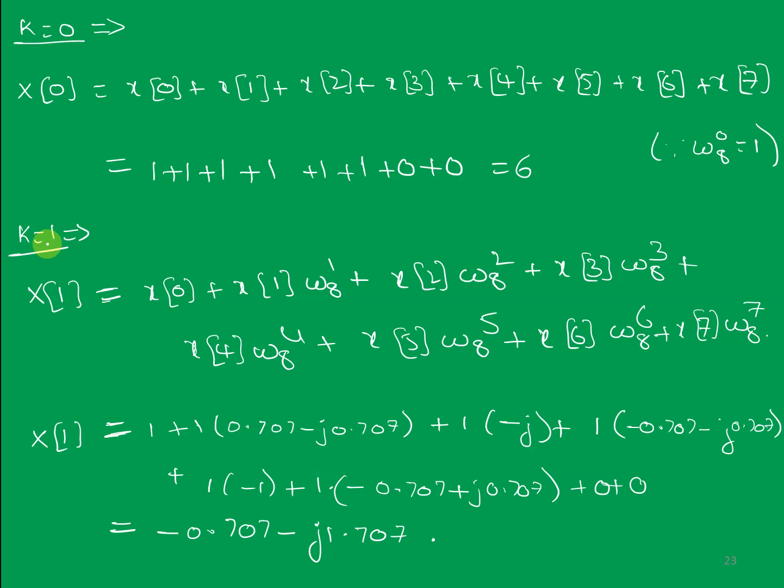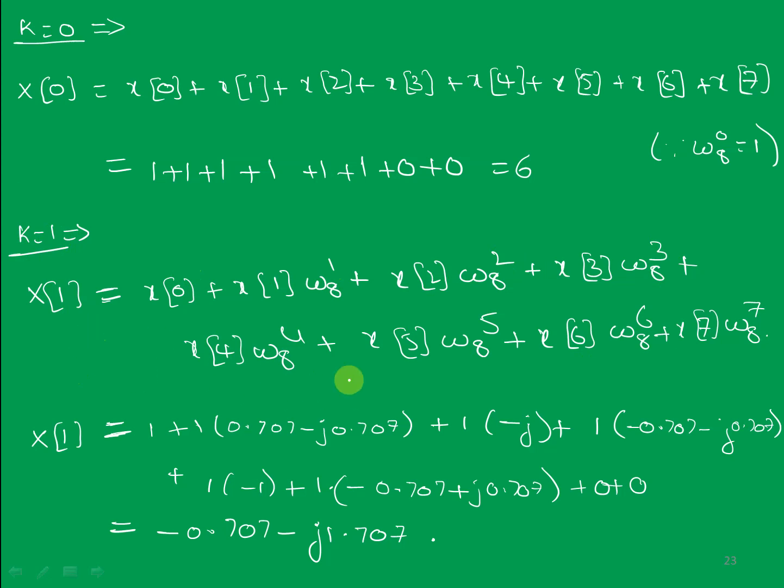Now k is equal to 1. Substitute k equal to 1: x of 0 plus x of 1 into W_8 power 1 plus x of 2 into W_8 power 2 and so on up to x of 7 W_8 power 7. It is easy to remember: just use the multiplier of 1, so 1 into 0, 1 into 1, 1 into 2, 1 into 3, 1 into 4, like that.